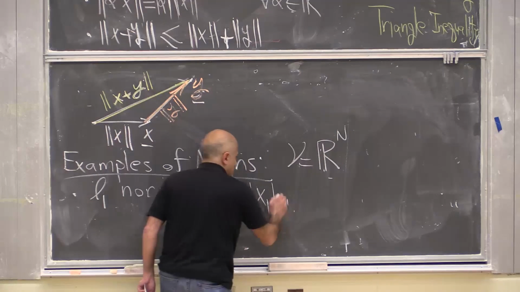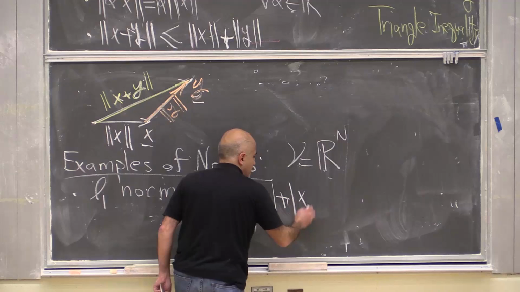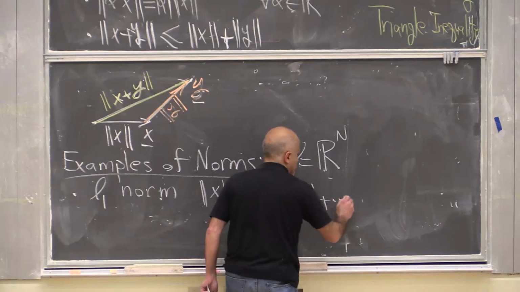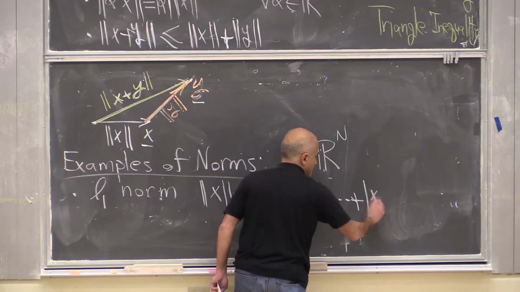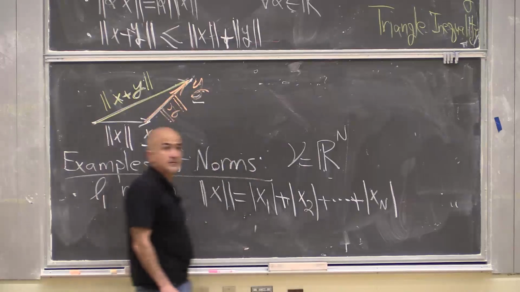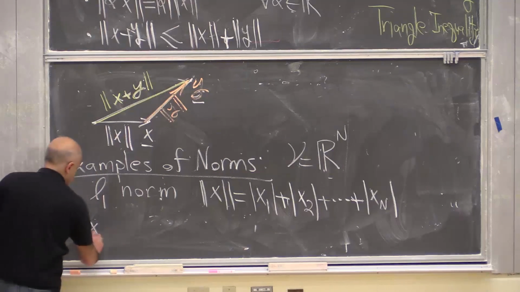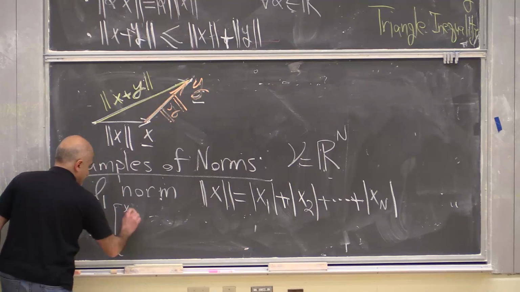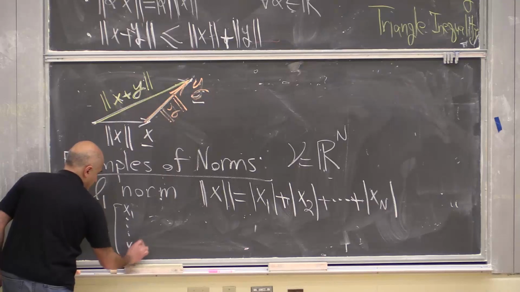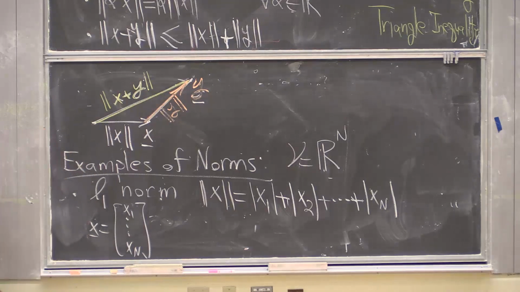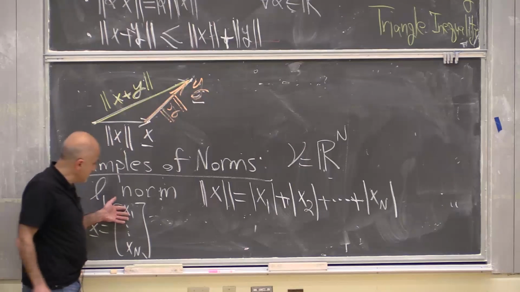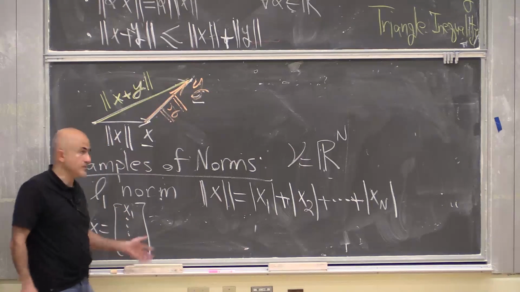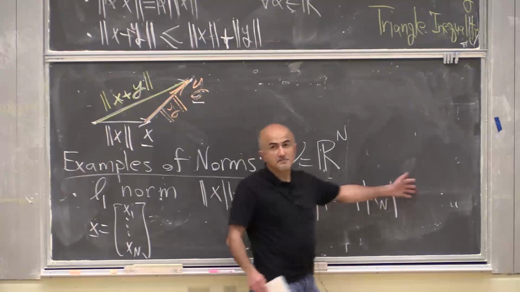And that is the sum of the components of the vector x, absolute value. Okay, so if my vector x consists of components x1 through xn, the L1 norm is obtained by adding the absolute value of each of the components in a sum.